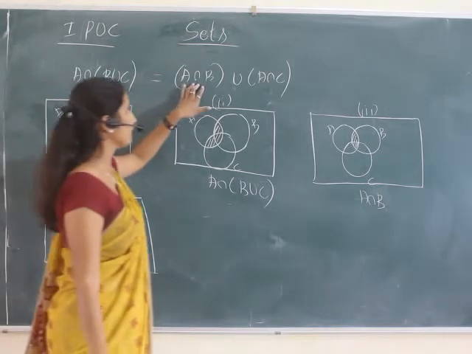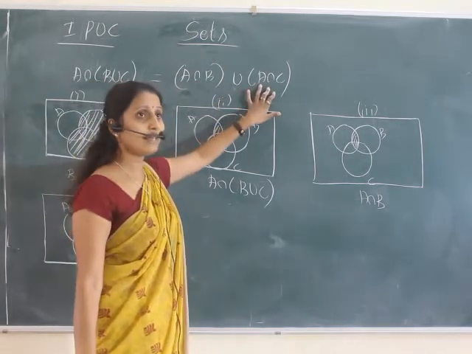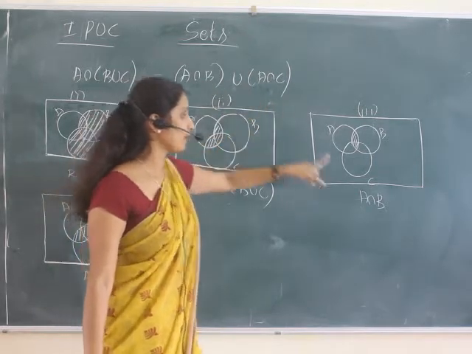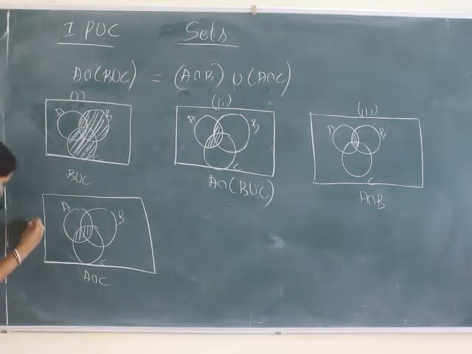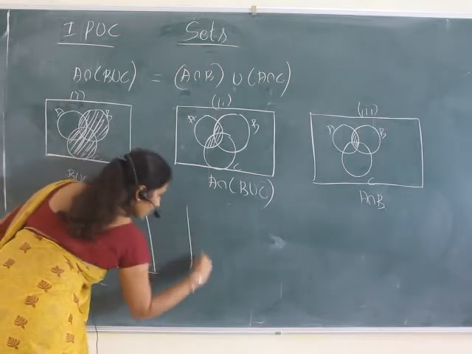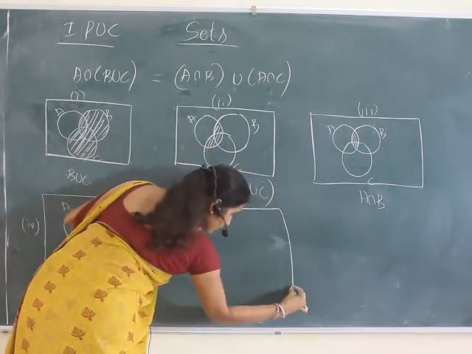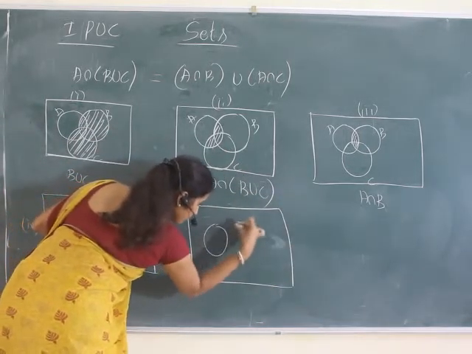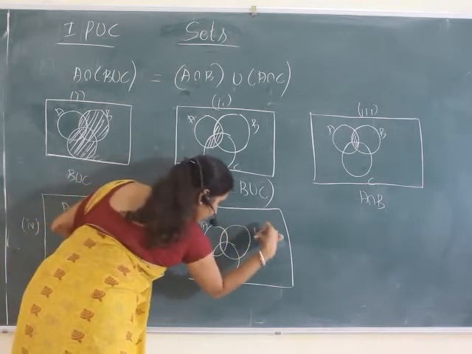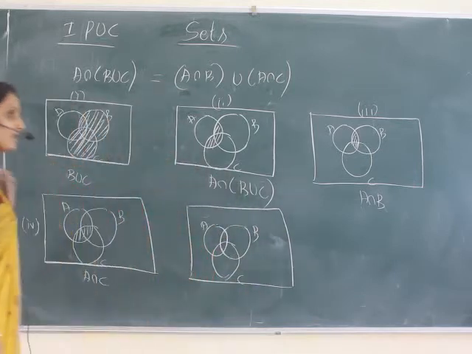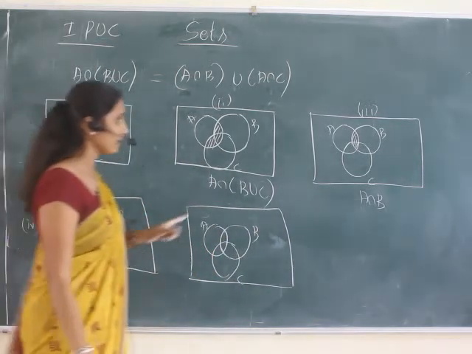After finding A intersection B and A intersection C, we have to calculate the union of the third one and the fourth one. Again with A, B and C, the union of this one and this one.